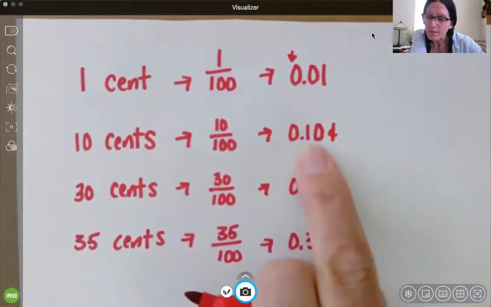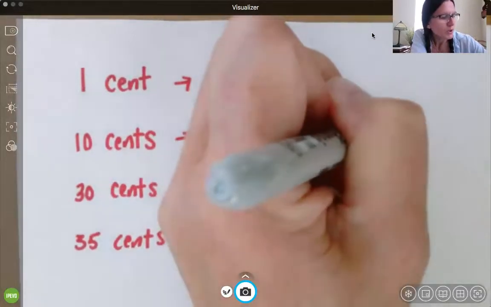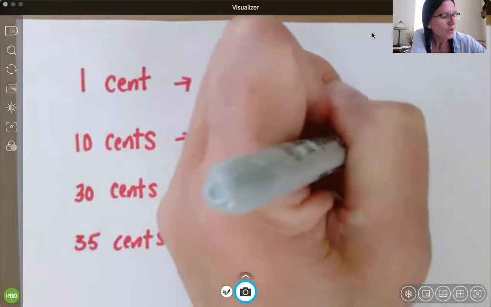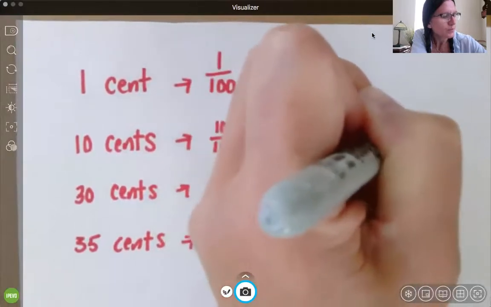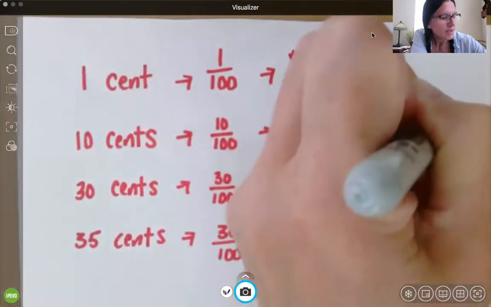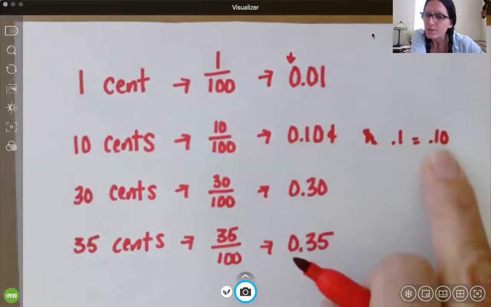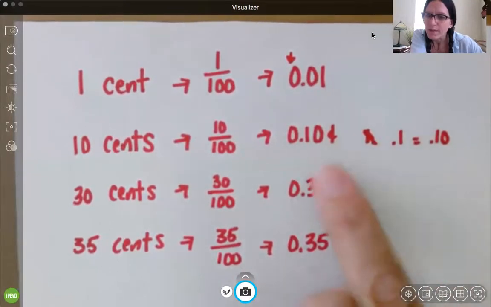But 1/10 or 10/100ths brings us back to the point where we learned last week that 1/10 is the same as 10 hundredths. Okay, it's the same thing.